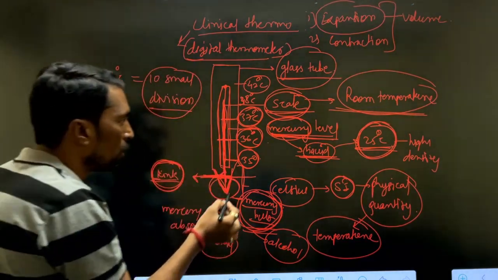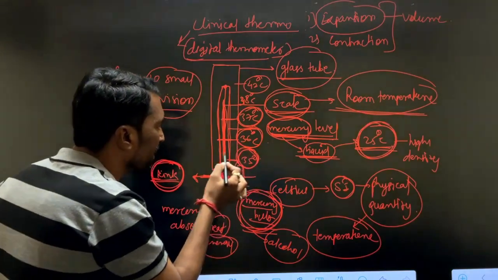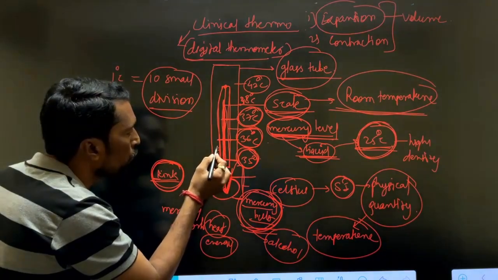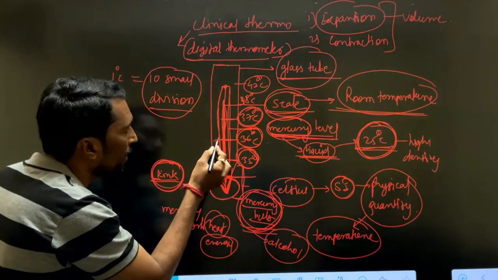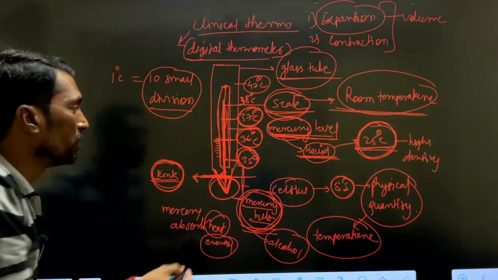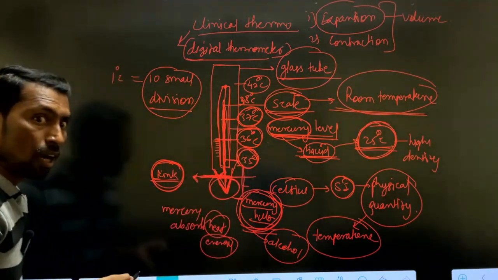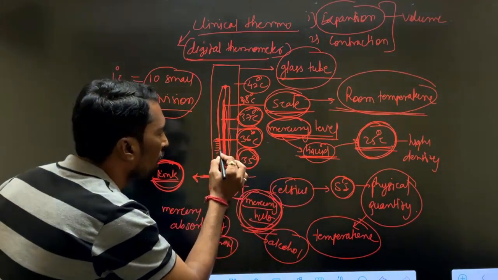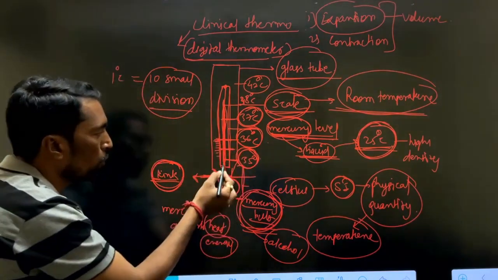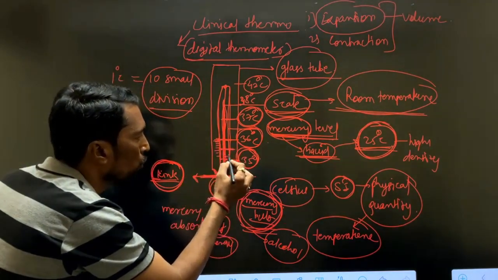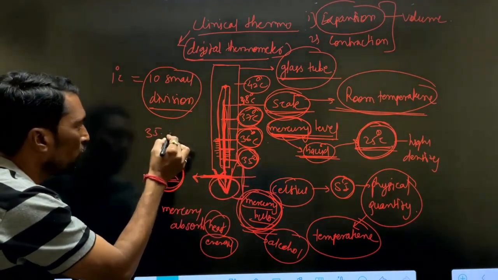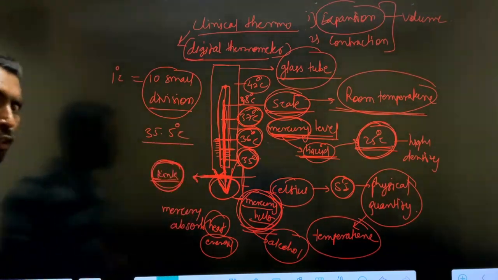It means that from 35 to 36, there are 10 small divisions: 1, 2, 3, 4, 5, 6, 7, 8, 9, 10. There are 10 small divisions placed in between these two. If the temperature falls in between, suppose it comes here, then you have to measure from 35: 1, 2, 3, 4, 5. So the temperature is 35.5 degree Celsius. Not a big deal for that.